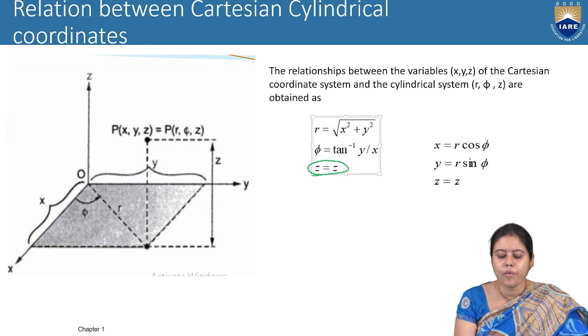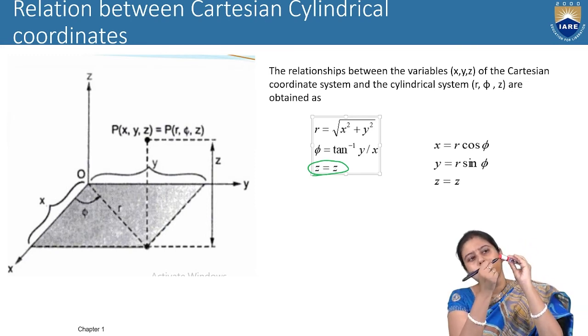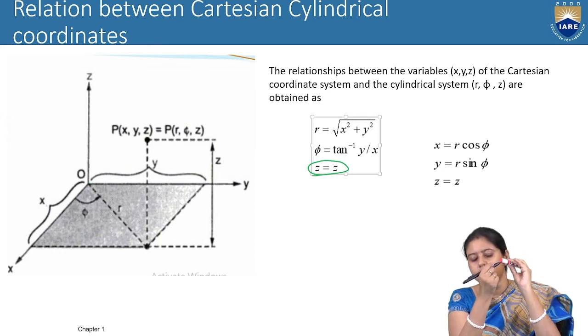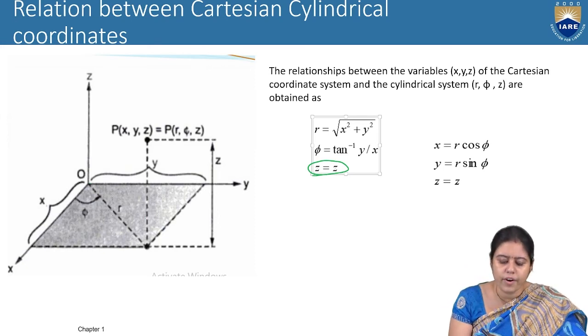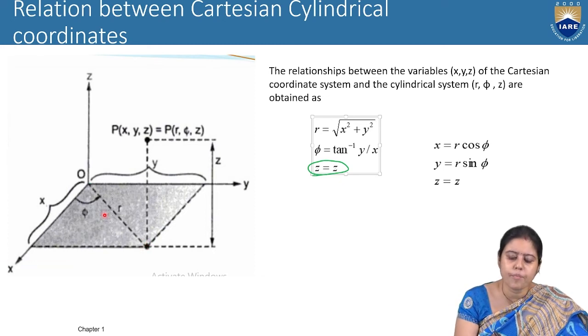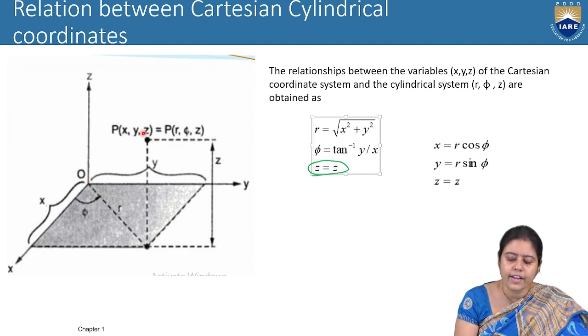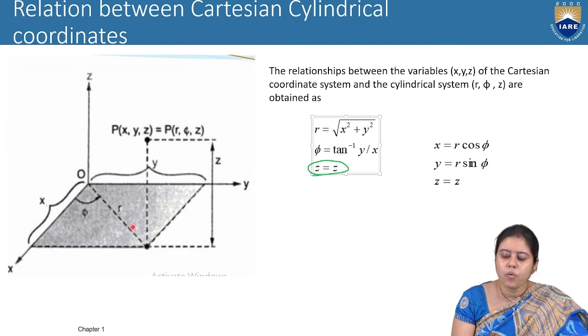Now think, this is the circle and one point is here. The angle from the origin is phi. So we can divide it into the two coordinates. One is along the x-axis and it should be x cos phi. Another is along the y-axis and it will be y sin phi.